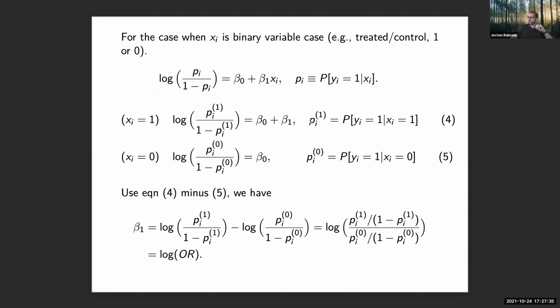So we have here the probability pi of that event to happen, which is the probability of yi equals 1 and xi equals 1. So this would be male gender, yes, no. Then we have pi of 0, it's yi equals 1 and xi equals 0.